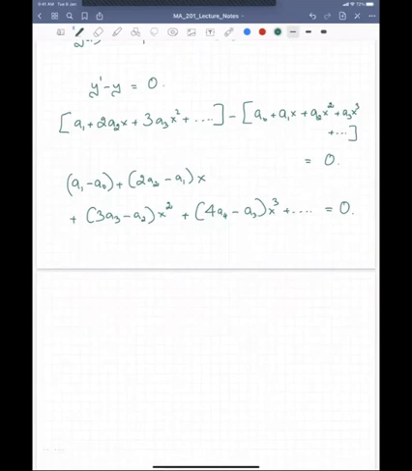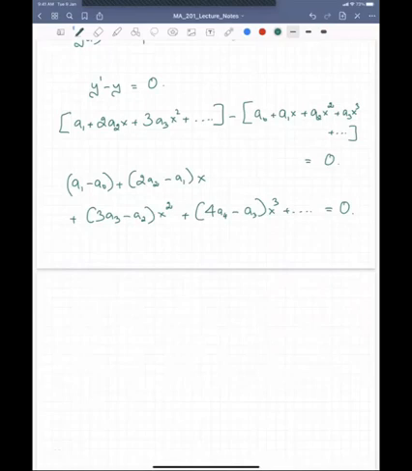On the left-hand side, you have a series in x, and on the right-hand side, you have 0. This infinite series sums to 0. So under what condition can this equation be valid? All coefficients have to be 0. If it is a finite series, I have hope that maybe the 6th term will cancel the 2nd term, and the 5th term will cancel the 3rd term, and so on and so forth.